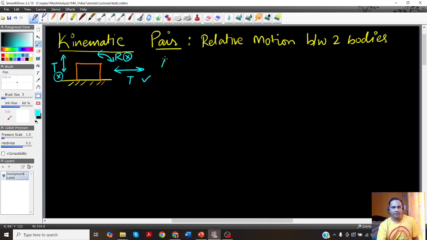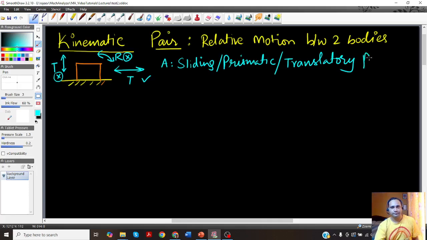So the first pair we have is known as a sliding or prismatic or translatory pair. So the degree of freedom of this pair is basically the relative motion possible.